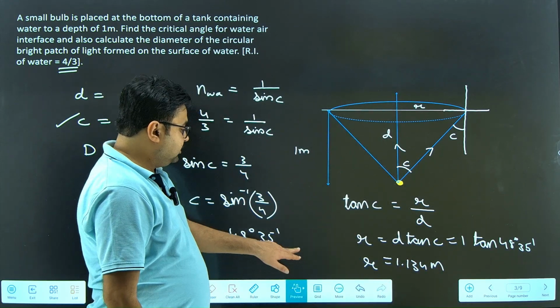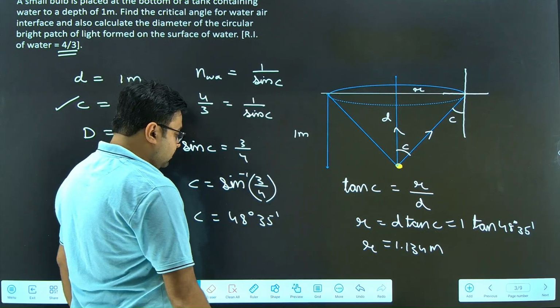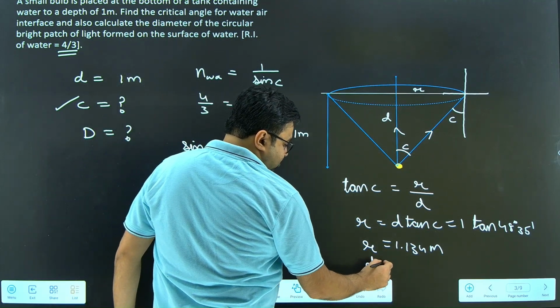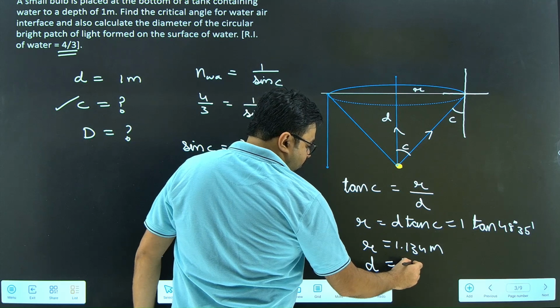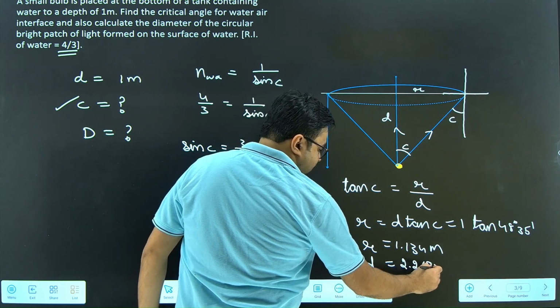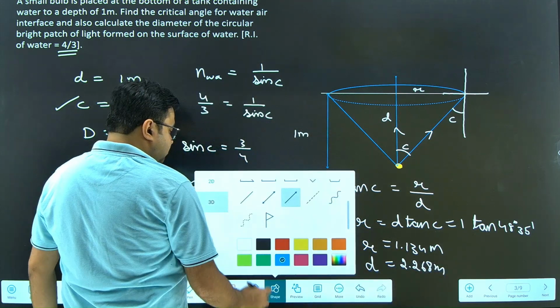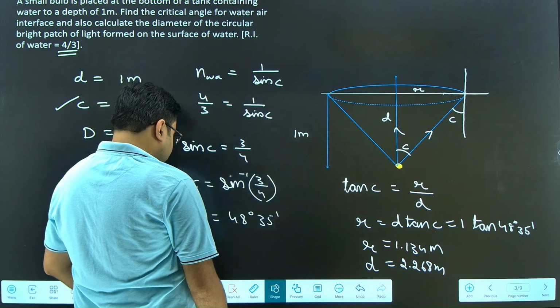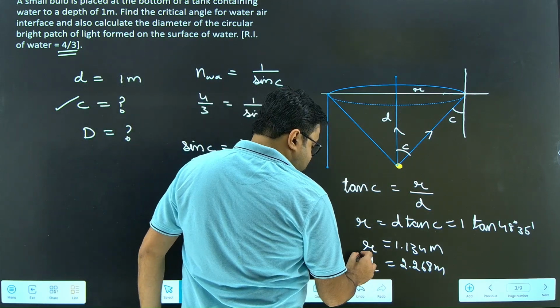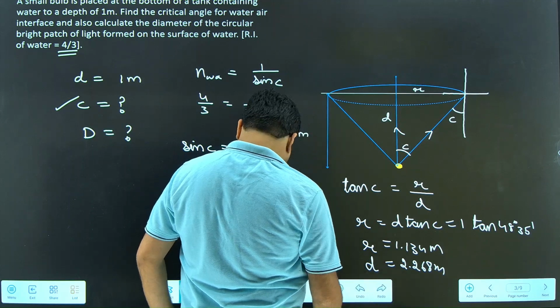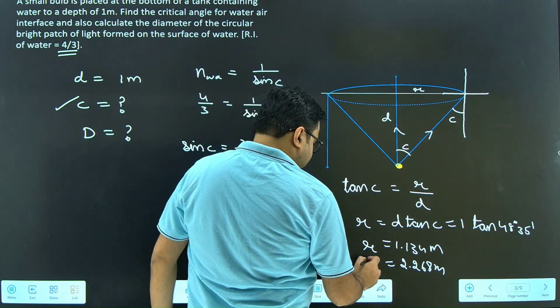Once you know the radius, it's quite easy to calculate the diameter. The diameter is twice the radius, so D would be equal to 2.268 meter. Now that becomes the answer for the final.